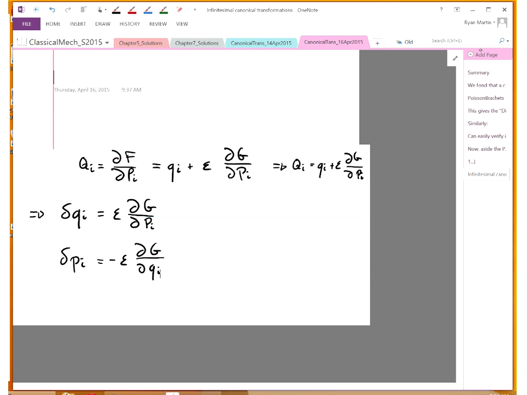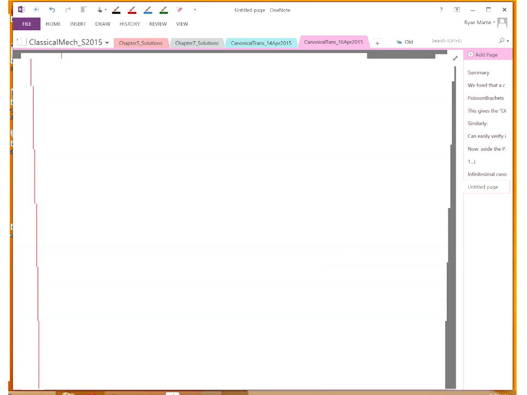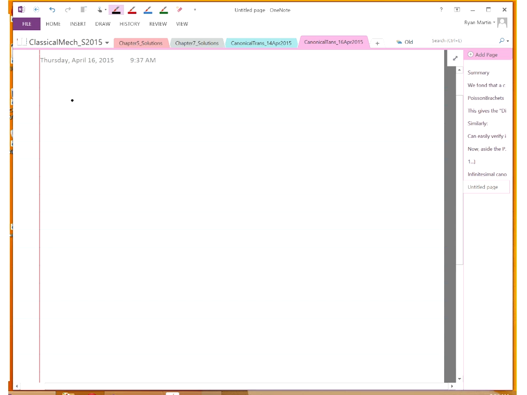Now I'm actually going to do a little trick. A nasty little trick here, but I'm going to look at the first term. Delta qi, I'm just going to rewrite it, was equal to epsilon times the derivative of G with respect to capital Pi.